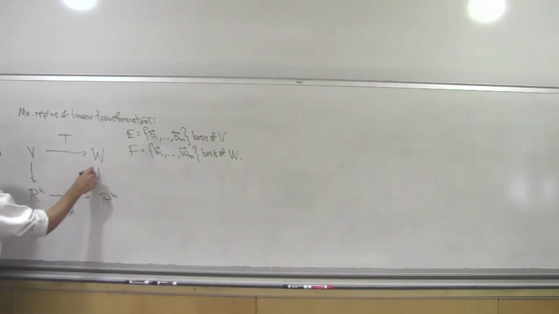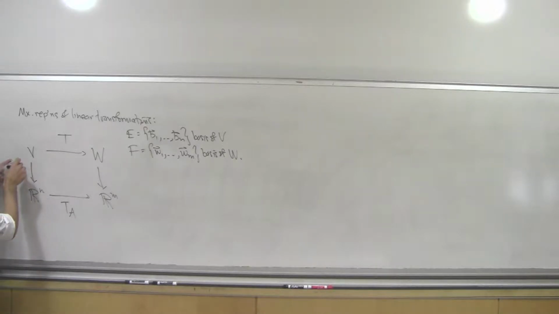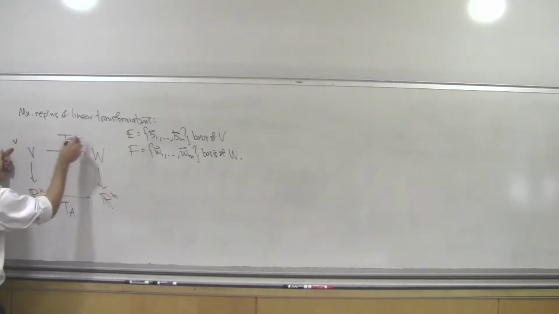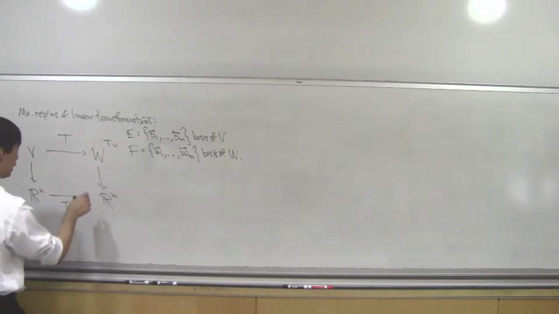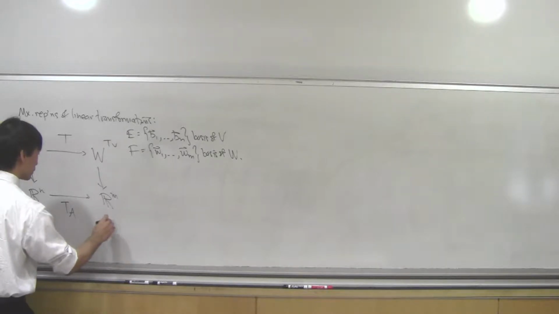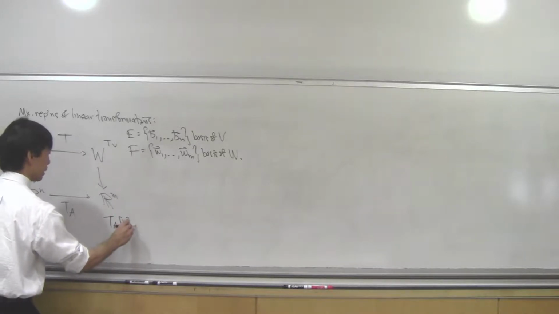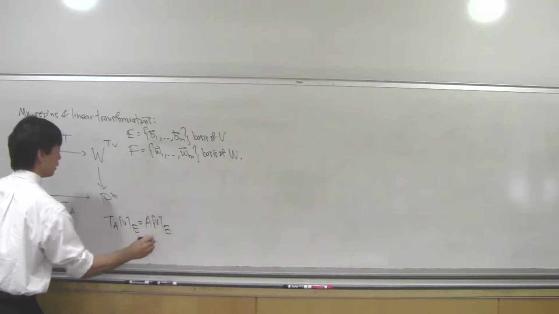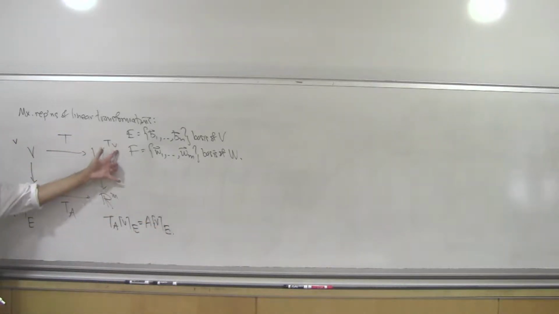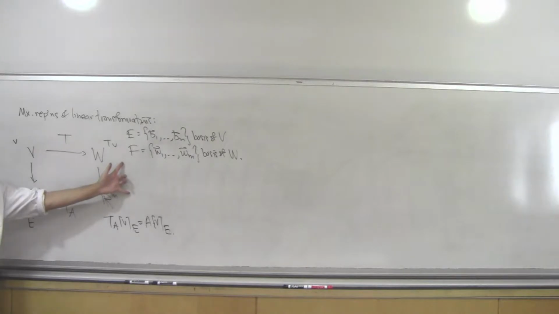In the sense that if we take a vector over here and map it over here, we take V to TV, or we take the coordinate vector of V with respect to E and map it to the coordinate vector of TV, that's the same thing as A times the coordinate vector of V.